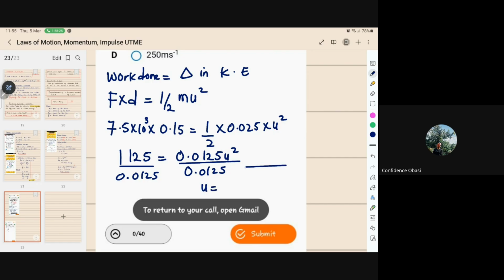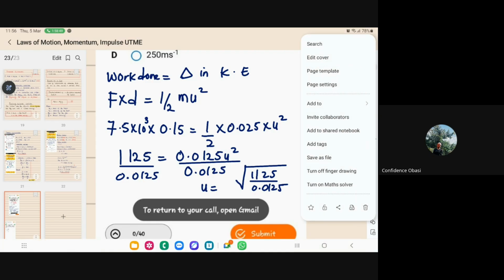So u is going to be the square root of 1125 all over 0.0125. 1125 divided by 0.0125 gives me 300.